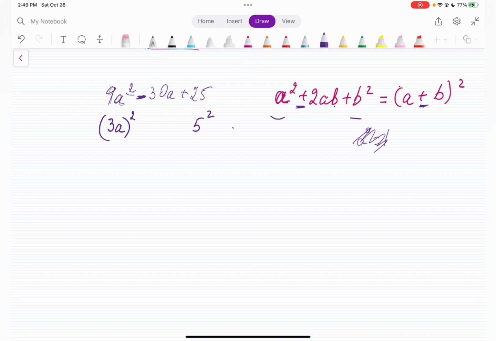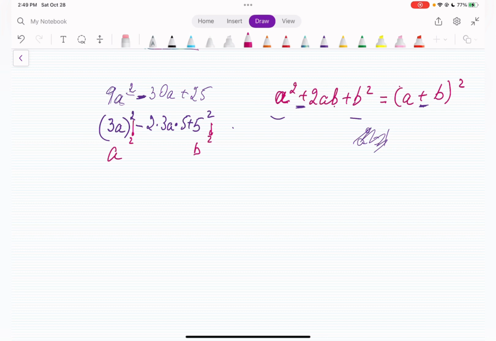Let's see. Minus 2 times, my a is 3a, and my b is 5, right? So this is my a to the power 2, and this is my b to the power 2. 3a is my a, b is 5.